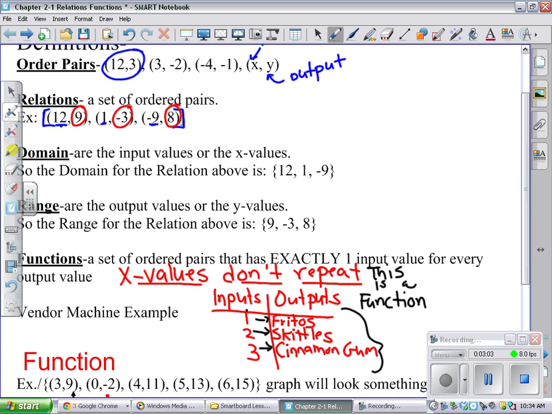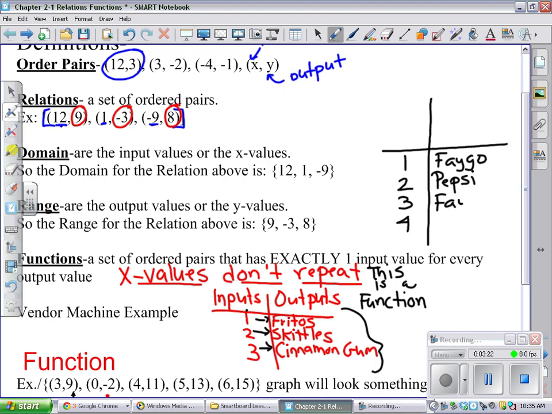However, if I put in 1, 2, 3, let's say 4, let's say 1 is a Faygo, 2 is a Pepsi, 3 is a Faygo, and 4 is a Sprite.